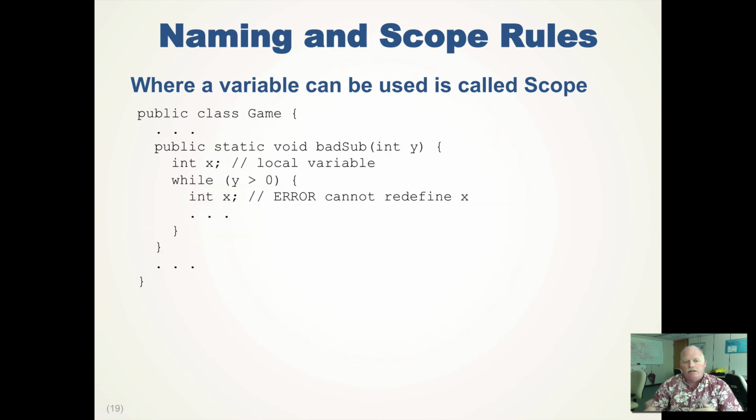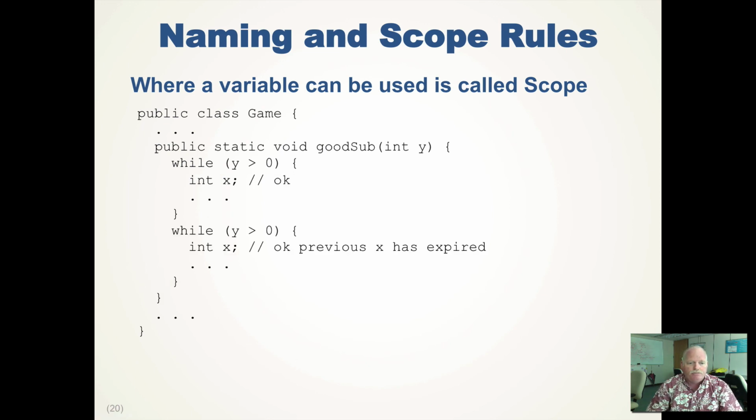So let's talk about another way. If I create this local variable x, and then I want another variable x, you cannot redefine x inside the subroutine, because we already have an x, and x is available for the whole subroutine. So if I wanted to actually have multiple x's, they have to be in their own block here. So x is not defined in the subroutine, it is just defined in the block.